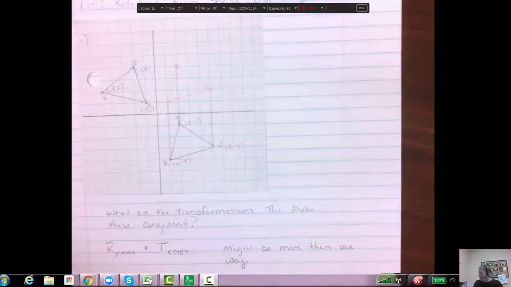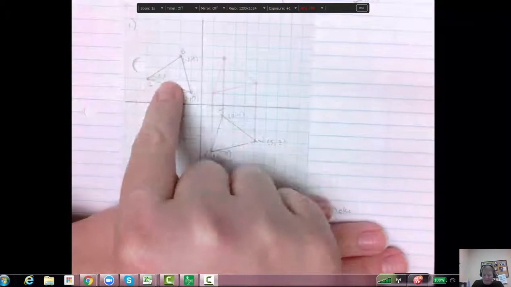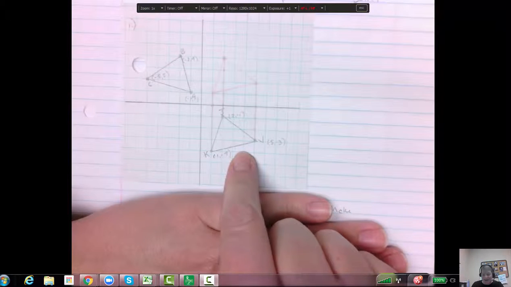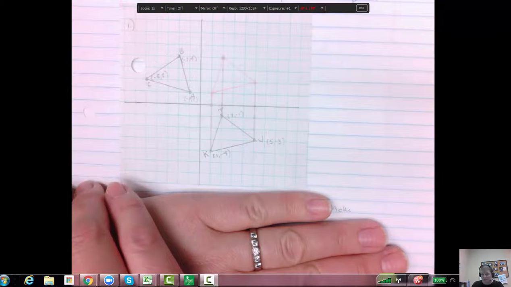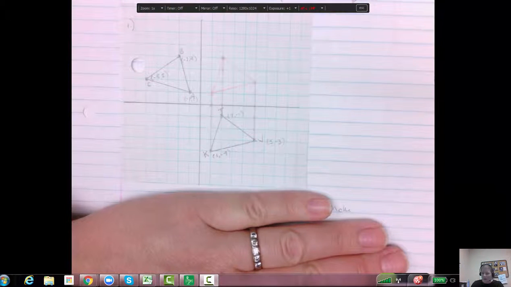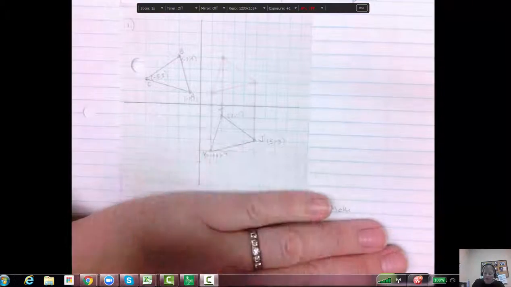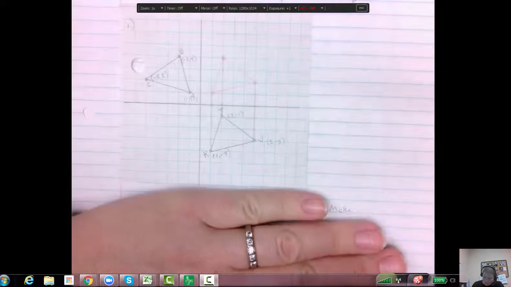So let's see what we're looking at for this. Now, kind of ignore my red dots here for a second. If I want to go from ABC to JVK, what is a way that I can use these transformations and get here? Well, one way, and I showed it in red, is to reflect over.